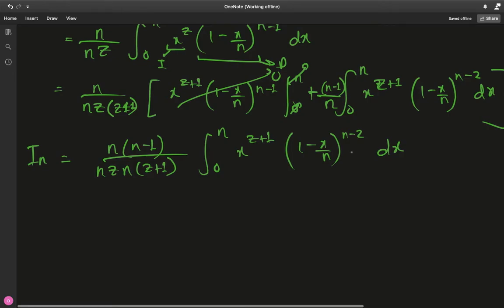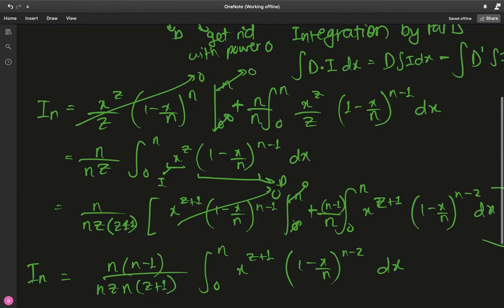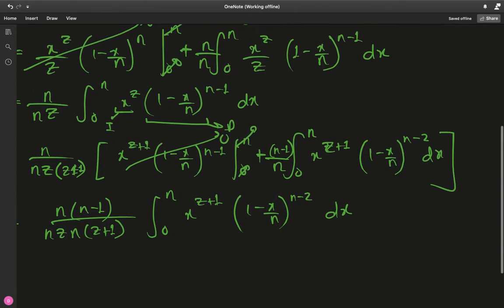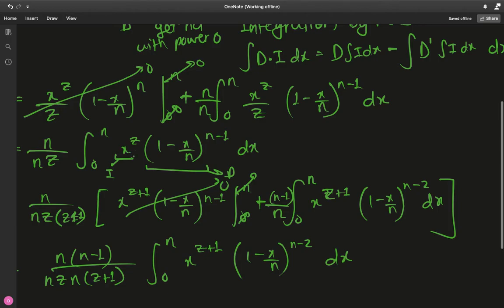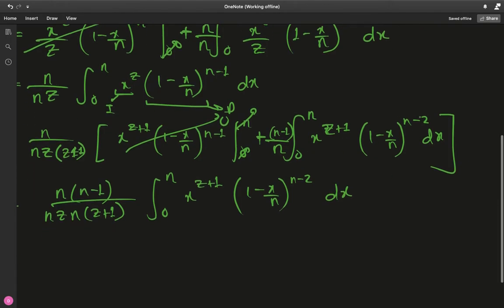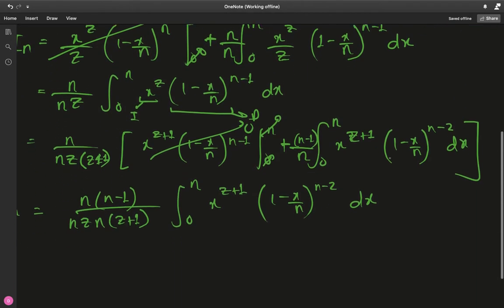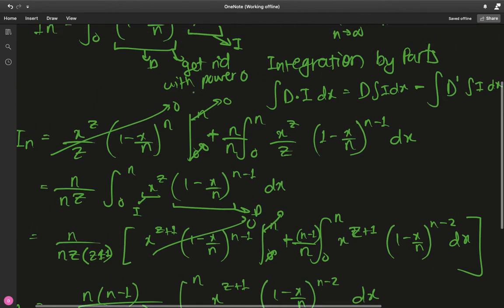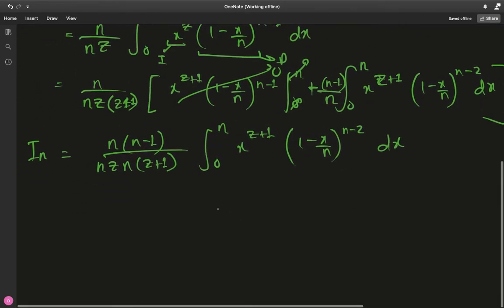So if we choose to do that, say another n minus 2 times, we'll be adding n minus 2 here, because that's what's happening, right? If you subtract 1, you're adding 1 on the x to the z part. If you're subtracting 1 again, or subtracting 2 from the original expression, you're adding 2 to the x to the z part.